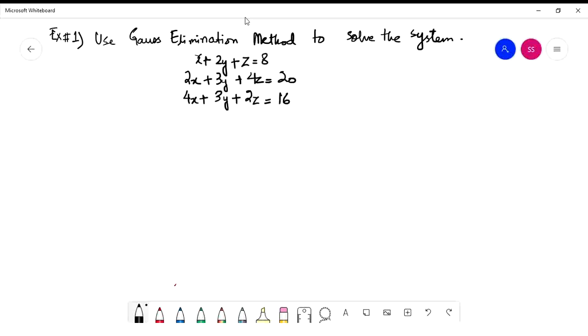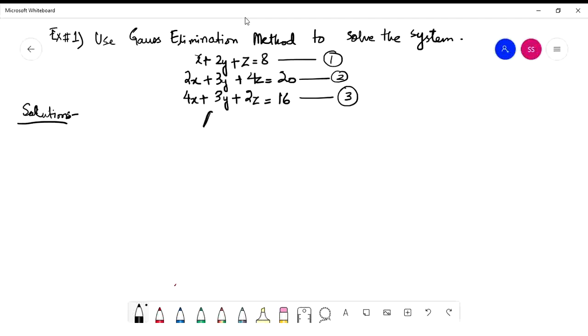Now in Gauss elimination, it is all about your row operations. I have told you to name these equations or convert them into the matrix. So this is the first equation, this is the second equation, and this one is the third equation.